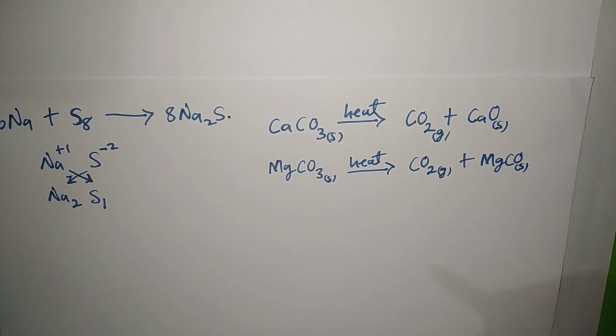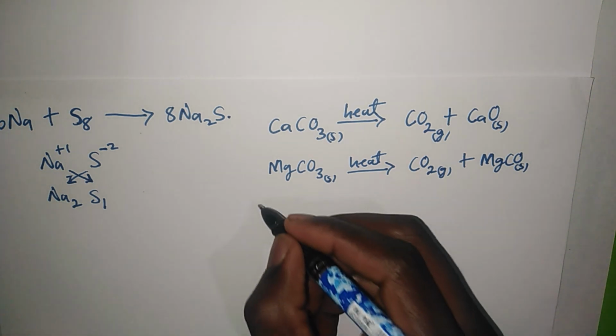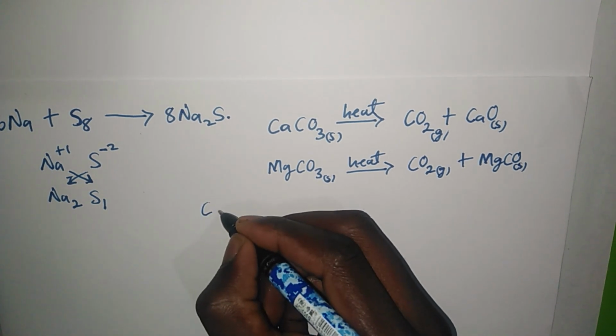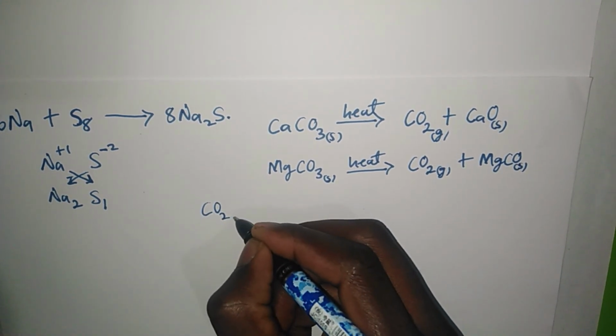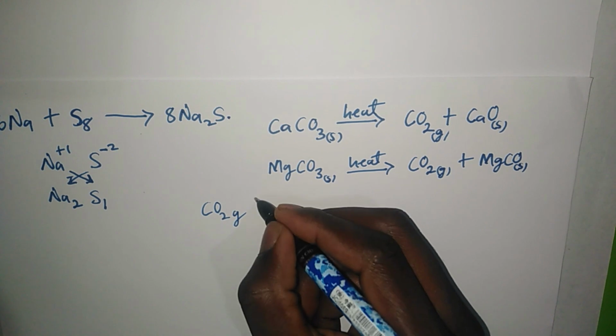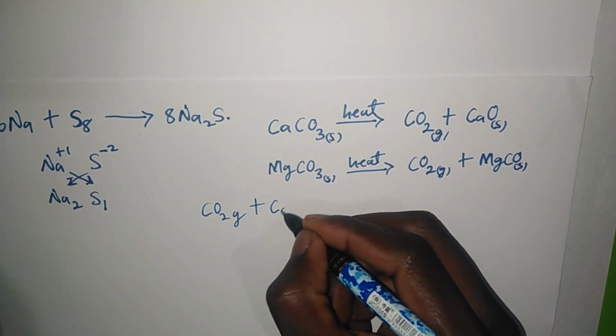Now, the reverse of these two equations is what? Some sort of a synthesis, though in this kind it's a bit different from other synthesis, given that this one is a combination of what? Compounds, not just elements. So let's say we have CO2 gas reacting with calcium oxide.